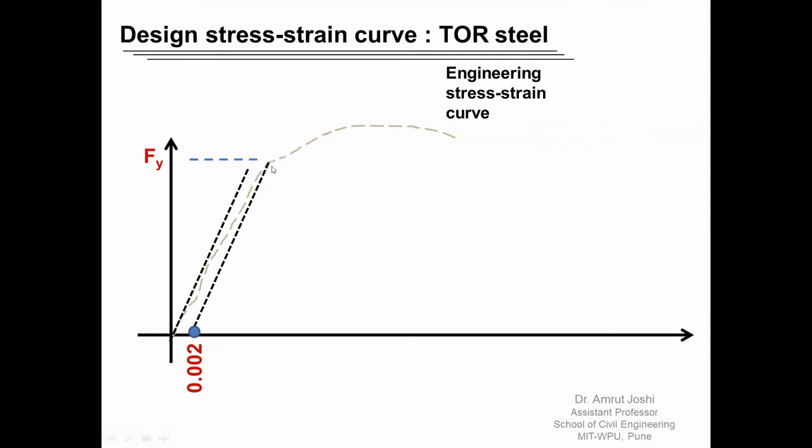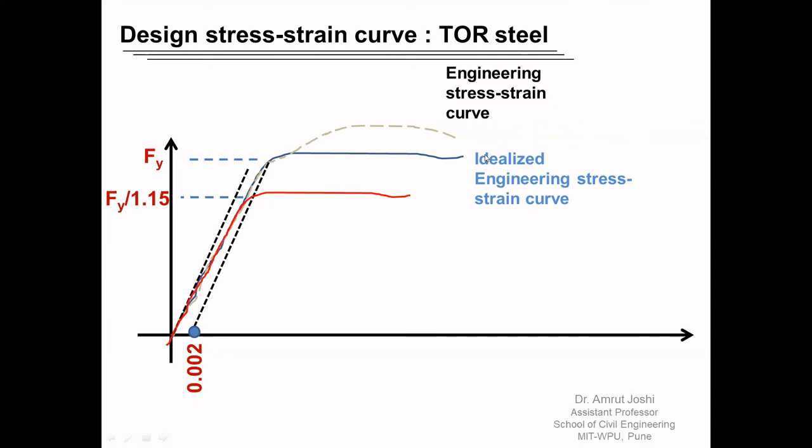Wherever this line intersects the stress strain curve, that stress we regard as the yield stress or 0.2% proof stress. The idealized engineering stress strain curve would be elastoplastic in nature, and it will look something like this. We divide stresses as well as strains by the partial safety factor for strength of steel, and we get the design stress strain curve.